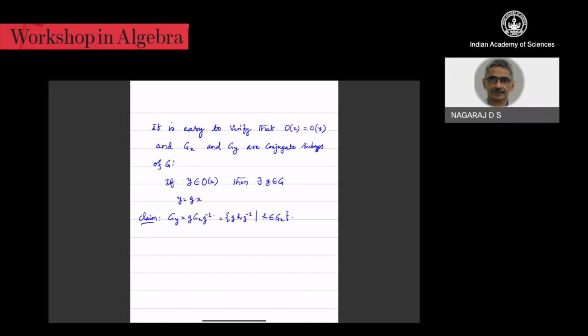This is because note that if t belongs to g Gx g inverse, then t is of the form g h g inverse for some h in Gx.